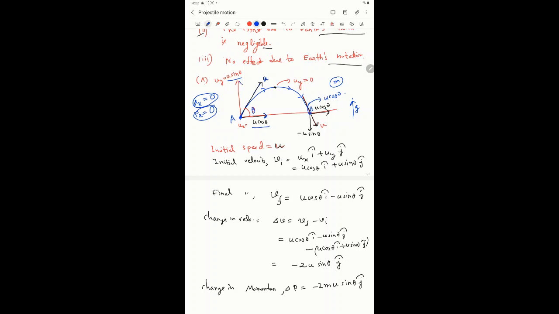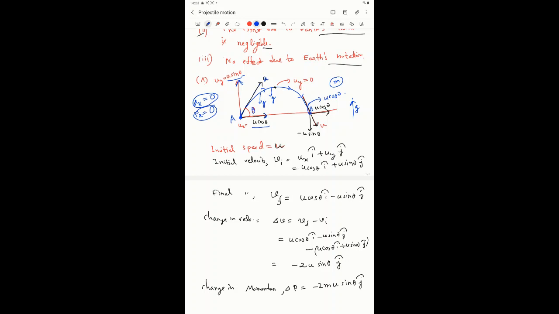Let's suppose the initial velocity is u, then the perpendicular component of velocity is u sin theta. So when the particle starts from this axis, its initial velocity is u sin theta, and the acceleration due to gravity acts on the particle at every point along the negative y direction.